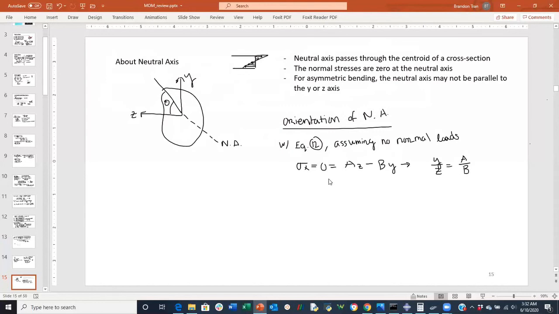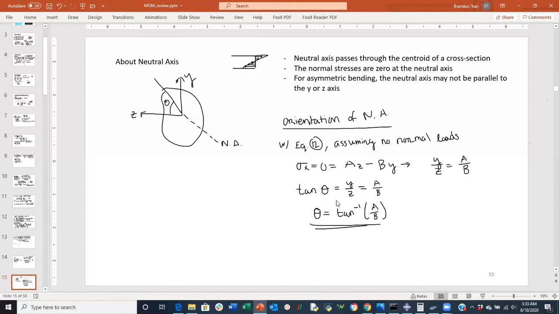Simple enough. So how you would find this angle, not using small angle approximations, just using basic trigonometry, tangent: that orientation angle is equal to whatever y position, rise, run, whatever, over z position you have, and we have that equal to A over B. So in essence, you can find that orientation by finding the following equation, where A and B are basically constants here.